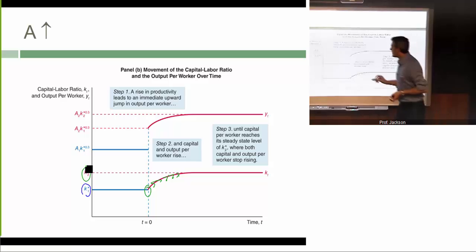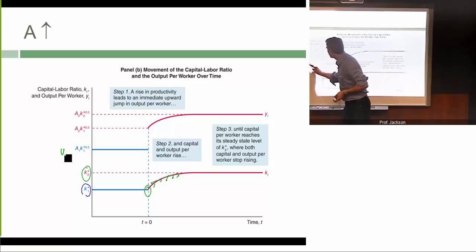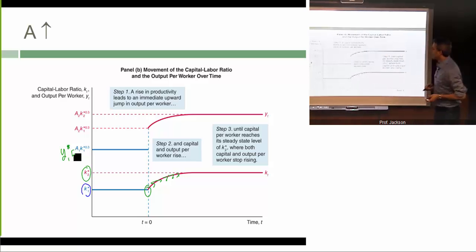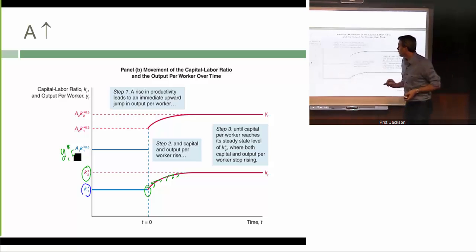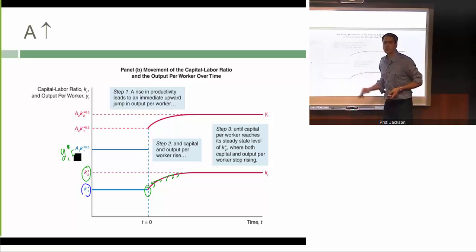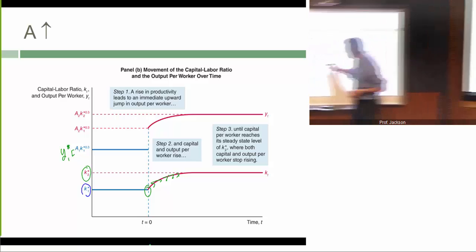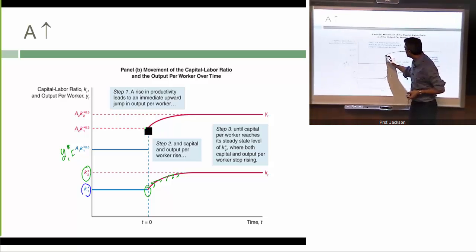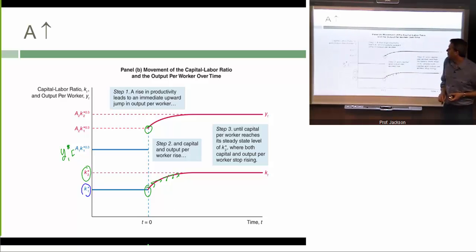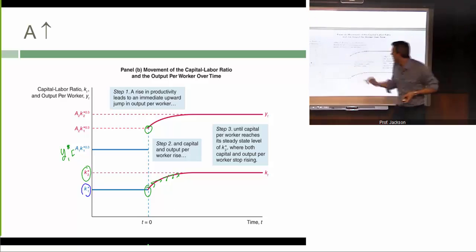But the magic happens with output. As I said, we're at this initial steady state level of output per person, Y1 star. At t equals 0, you have an increase in TFP, in that A parameter. So the production function jumps upward at a given capital stock, which means you have this immediate upward jump in the amount of output per worker.